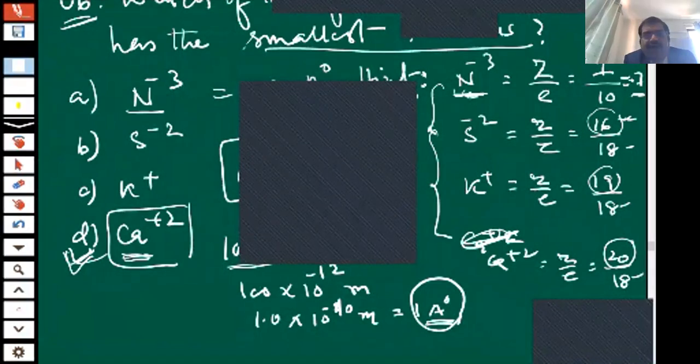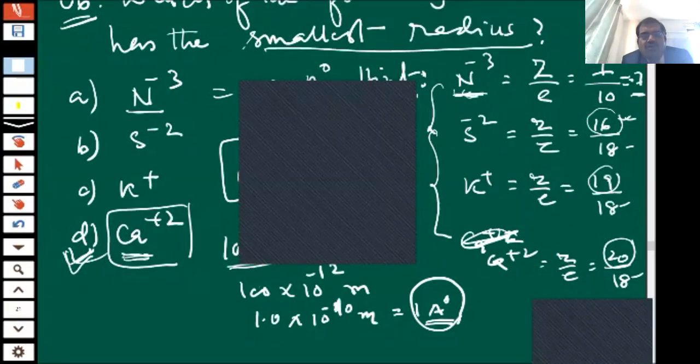Did you understand, everybody? There will be some problem with some students, those who think that it is of second orbit and calcium is from third orbit or like this. So it should be bigger, but no, we have to think about Z by E value because they are ions.